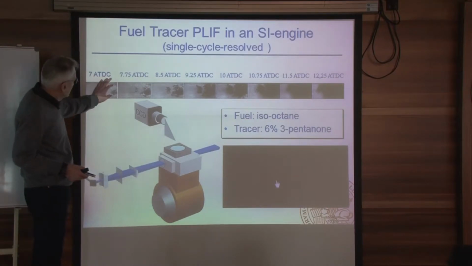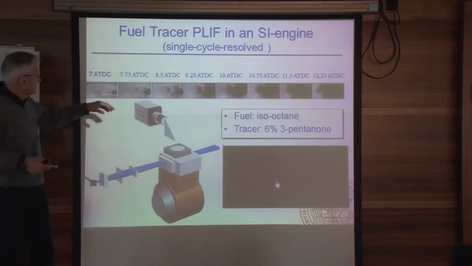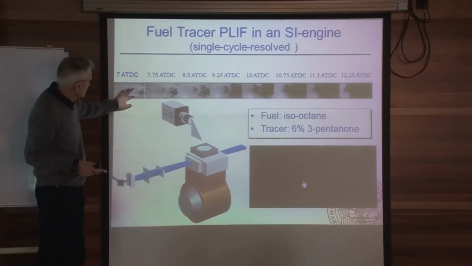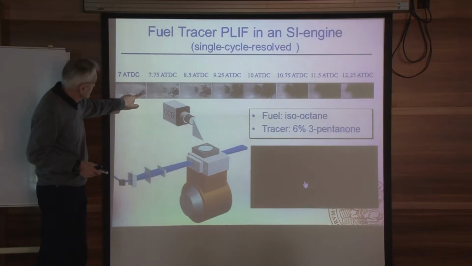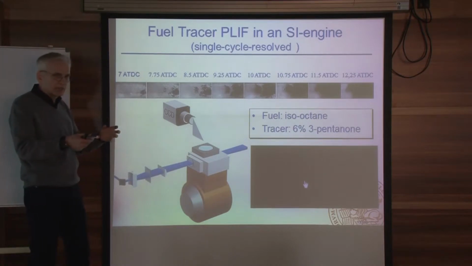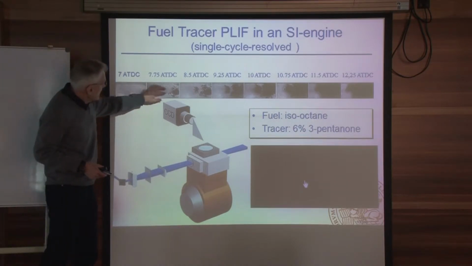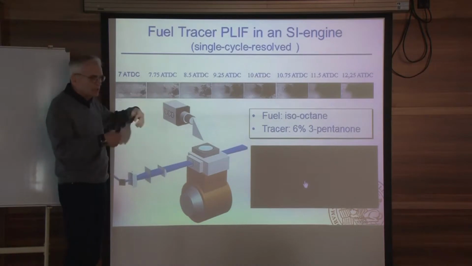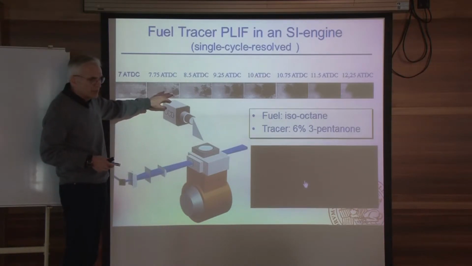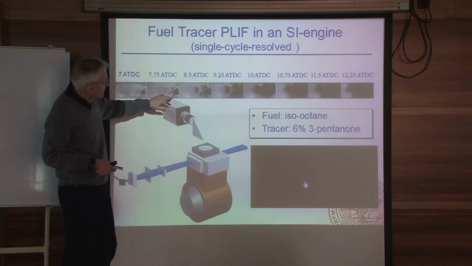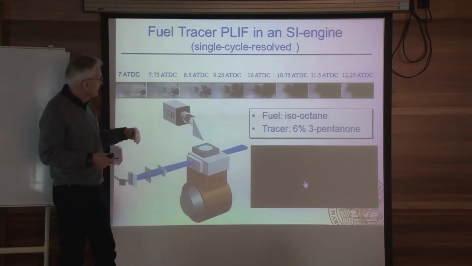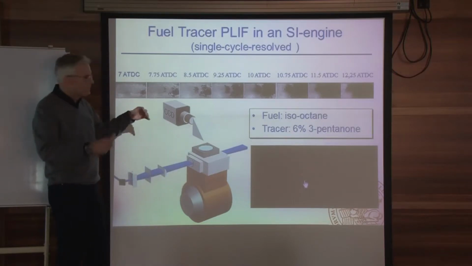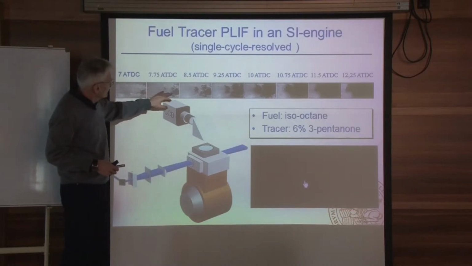Essentially, you have a more or less homogeneous distribution of the fuel. So the white here is the fuel. And then the ignition starts. The black is lack of signal. So then you can see how the fuel is consumed during one single cycle. And you can see that this is pretty stochastic, but it's a flame development, clearly shown in this case.